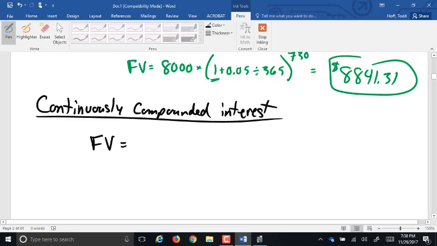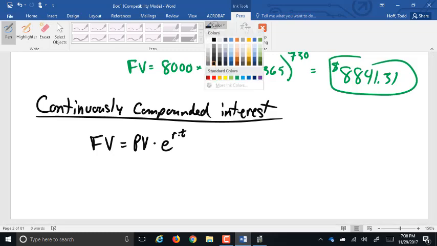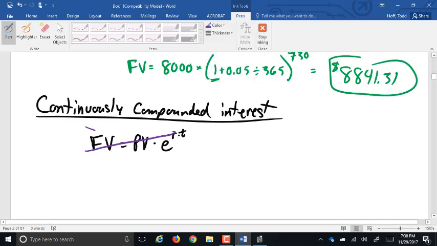The future value of continuously compounded interest is equal to the present value times e to the power of r times t. You guys have not angered me to the point that we're going to put that in this course.